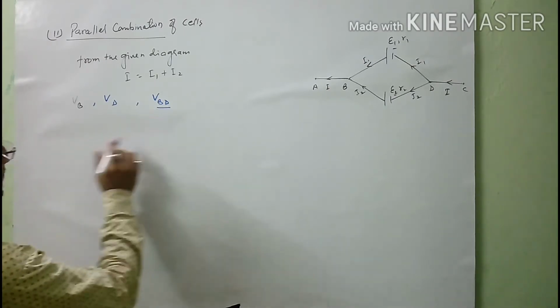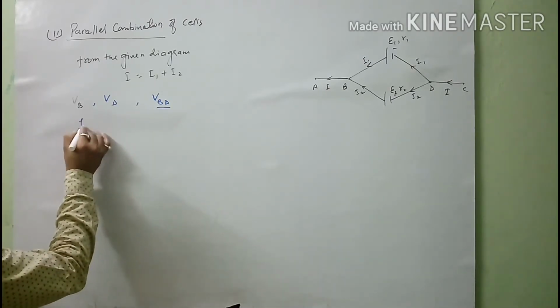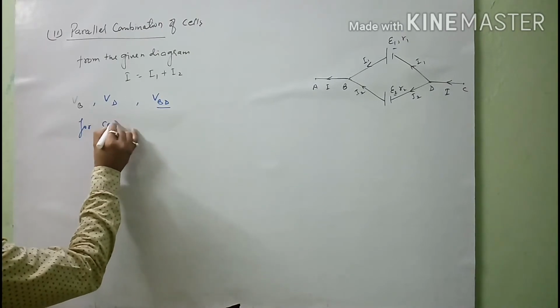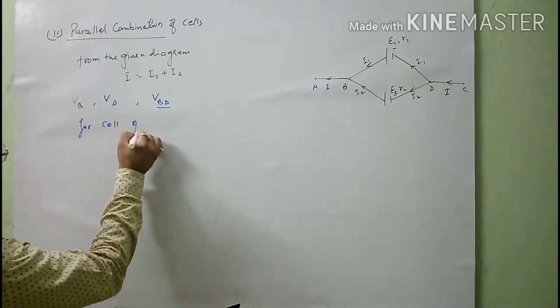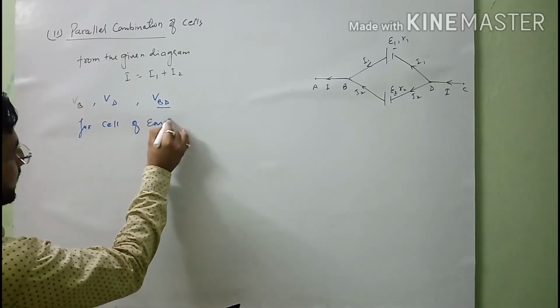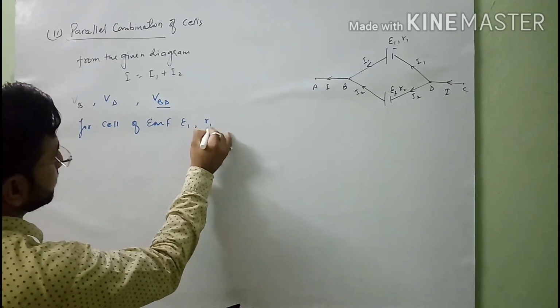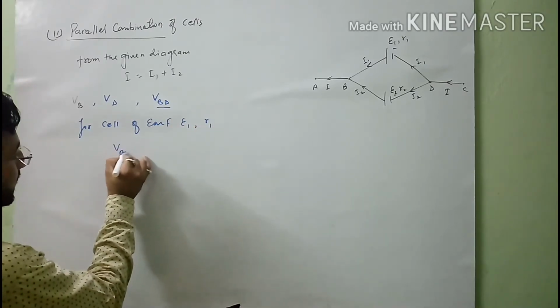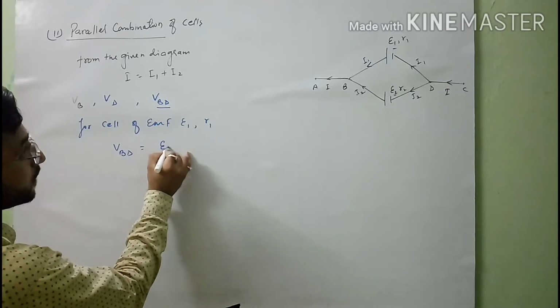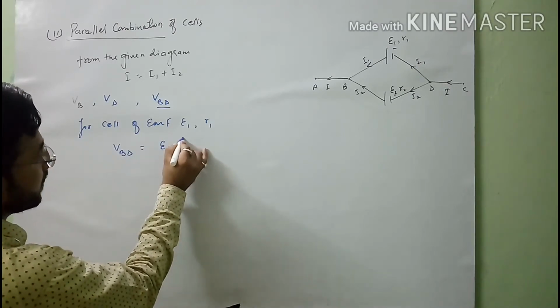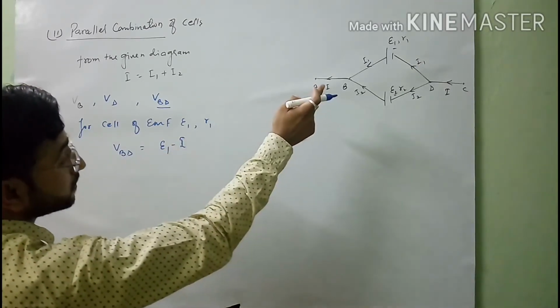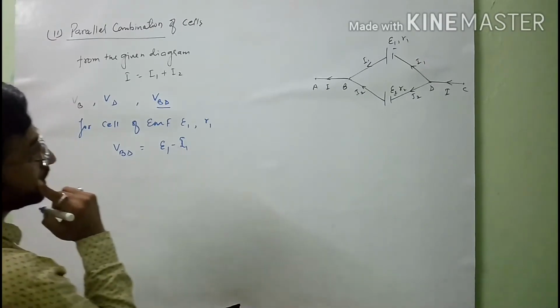After this, first when we think about the cell of EMF epsilon 1 and internal resistance R1, we can write VBD is equal to epsilon 1 minus I1 R1, where I1 is the current flowing through it.